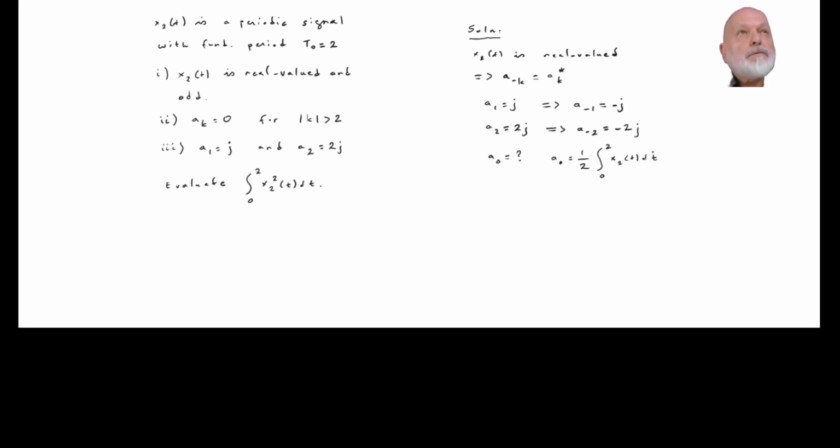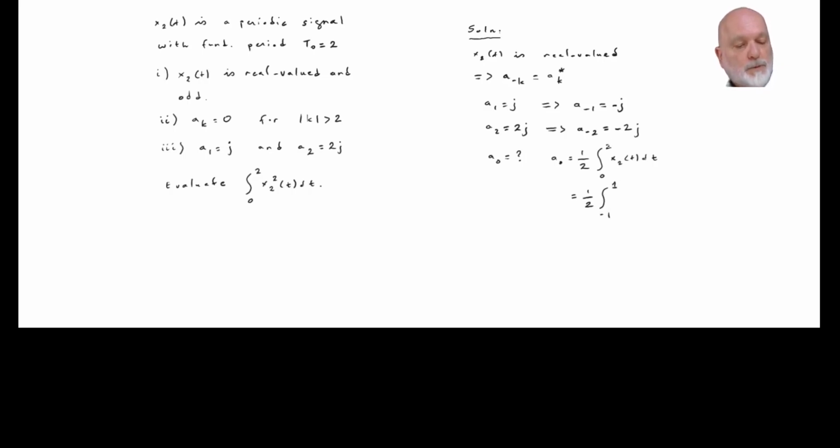But we also remember that in the calculation of the Fourier series coefficients, we can integrate over any interval equal to a period. So this is also equal to 1 over 2 from minus 1 to plus 1.